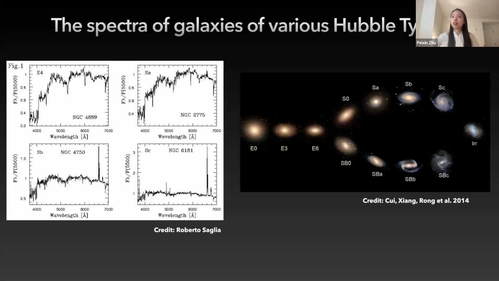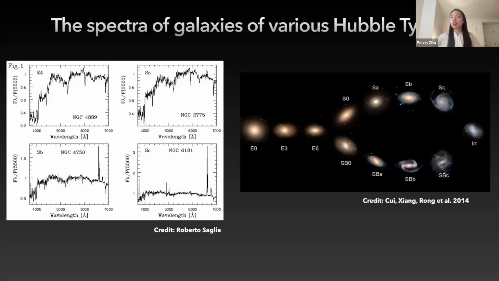So these are the spectra of the most typical galaxies. On the left, I'm showing the spectra of galaxies divided into different morphological shapes. The morphologies E, Sa, Sb, Sc are the Hubble sequence, which classifies galaxies based on how round they are or how spiral they are, how many spiral arms they have, or whether there is a bar inside or something.